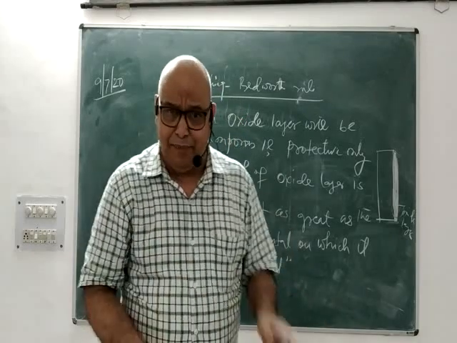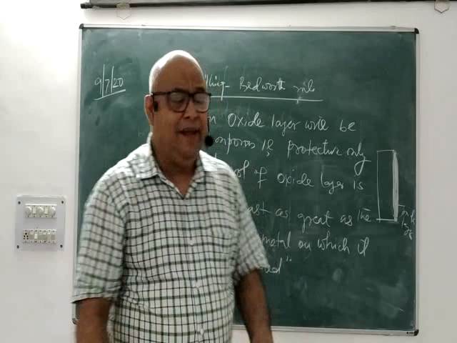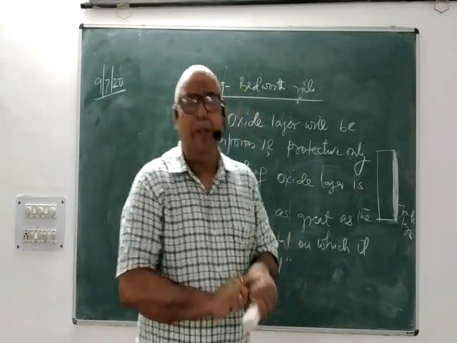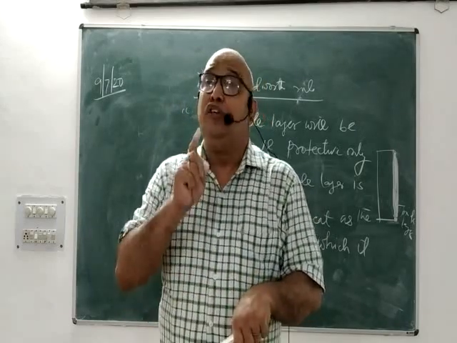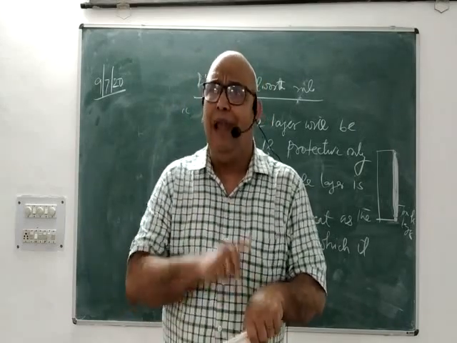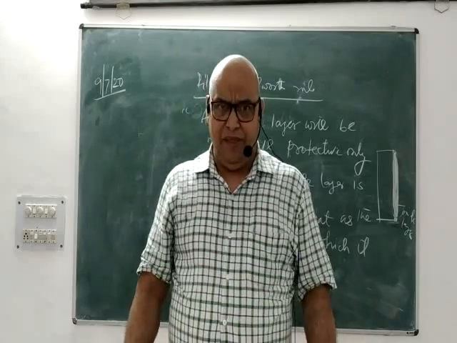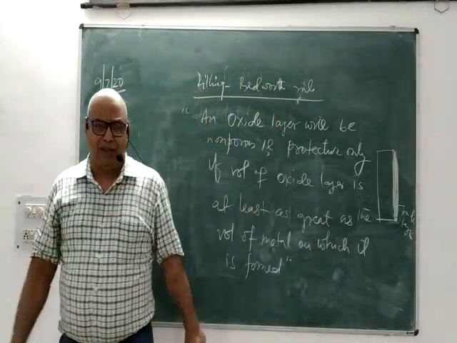So the example I gave a few minutes back is exactly along the same line. To have a protective film, the thickness of the oxide layer should be at least equal to the volume of the metallic surface on which it is formed. This famous rule was proposed by Pilling and Bedworth.